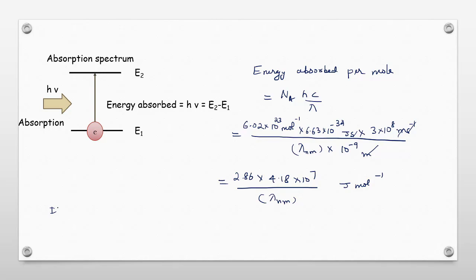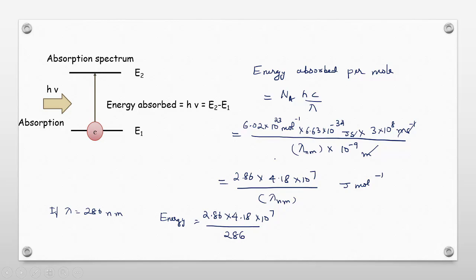Now if lambda is equal to 286 nanometers, then energy is equal to the constant divided by 286.